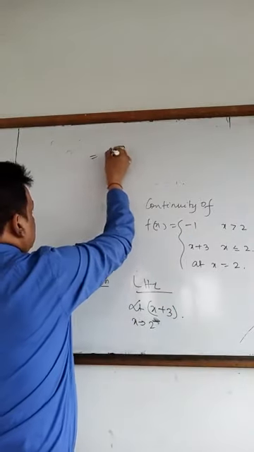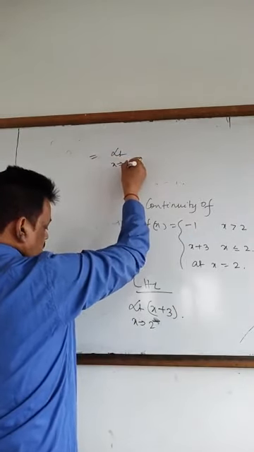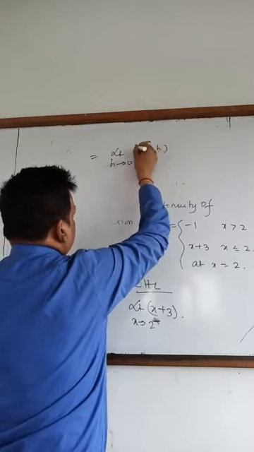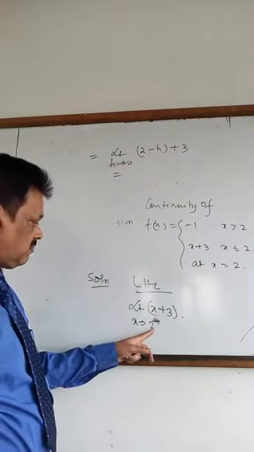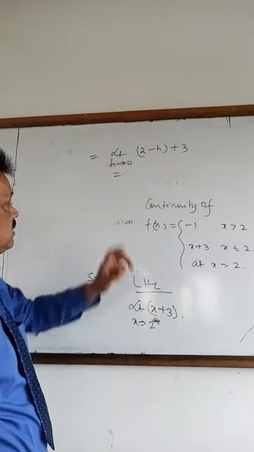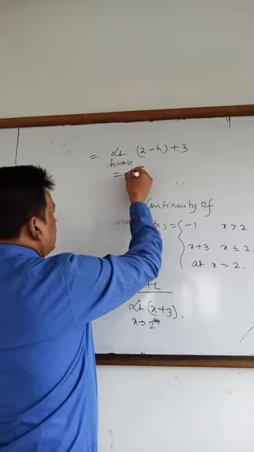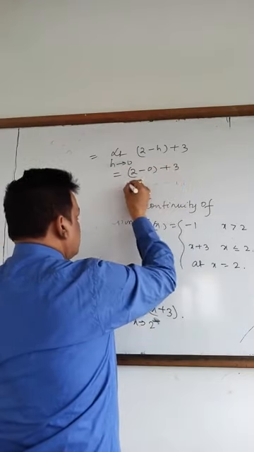Limit h tends to 0 of (2 minus h) plus 3. So that becomes 2 minus 0 plus 3, that means 5.